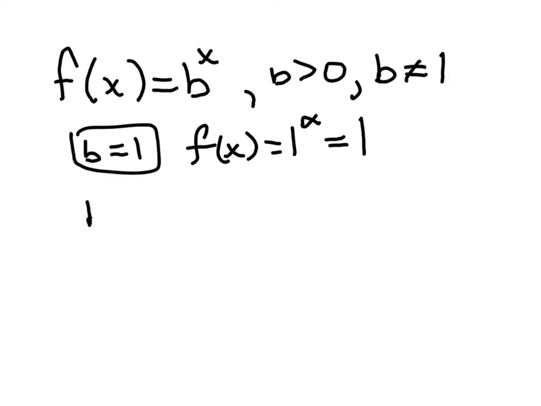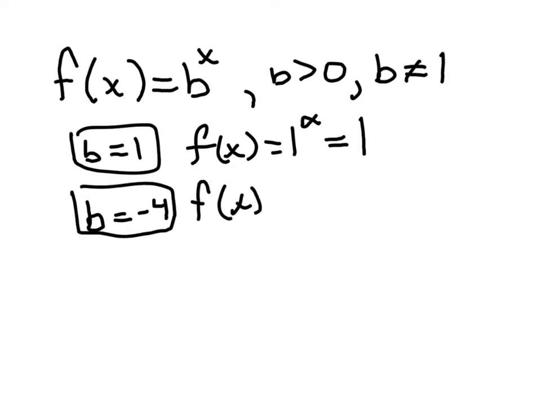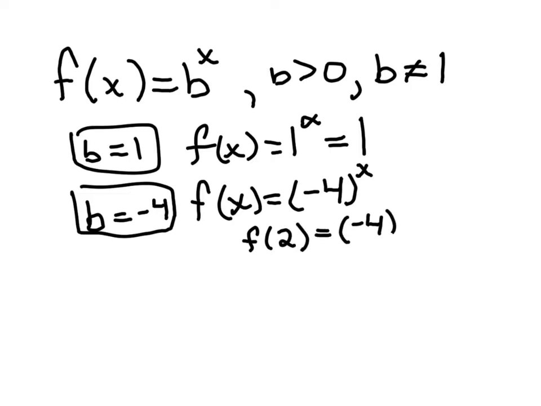Now, if the base were a negative number, let's say -4, what kind of a problem do we run into then? So if the base is -4, then this function would look like this, -4 raised to the x. If we start substituting some x values, f of 2 would be -4 squared, which would be 16.